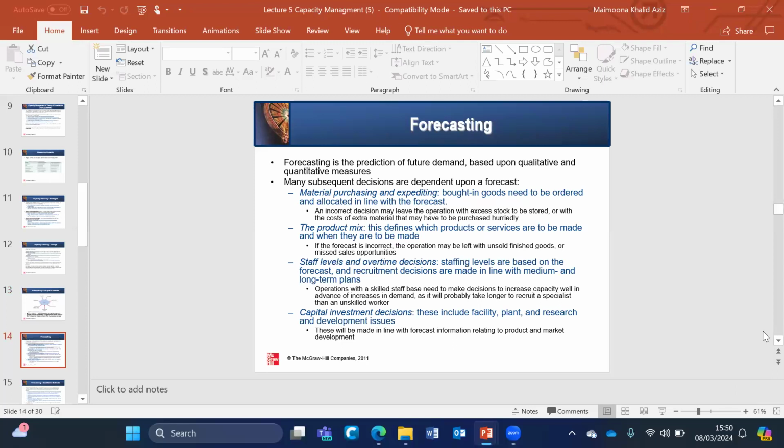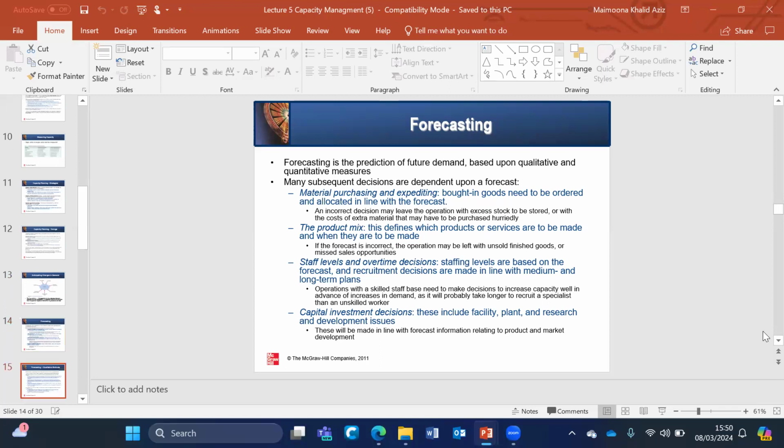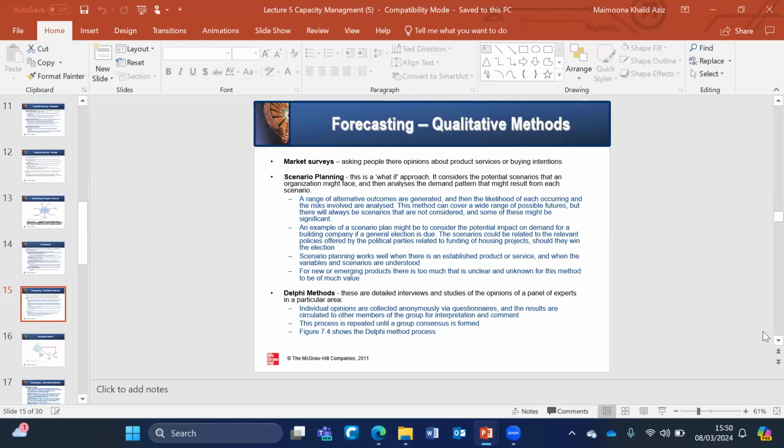Now, forecasting means we need to have some sort of way to predict the future of demand, and we base that off of qualitative and quantitative measures. So we measure and we try our best to forecast and predict the future demand. So qualitative methods that we use include market surveys.